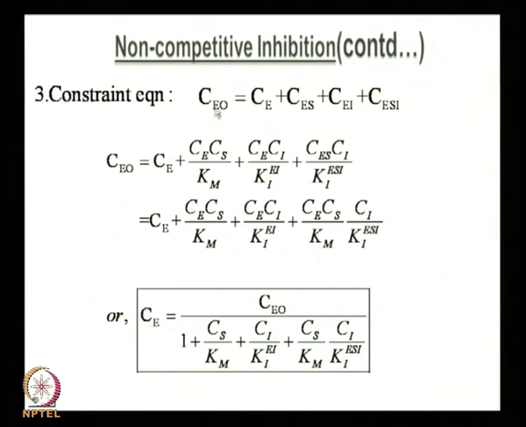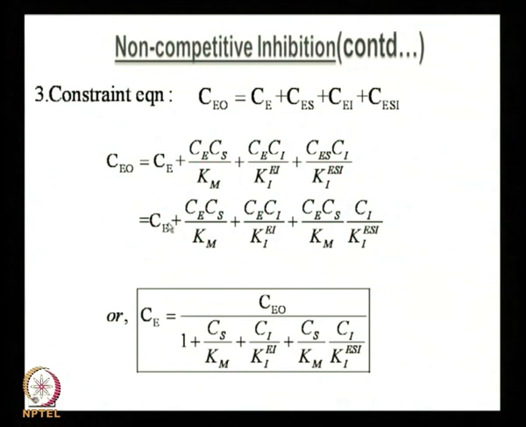So, CES can be substituted as CE times CS over Km. CEI could be substituted as CE times CI over KEI, and CESI could be substituted as CE times CS times CI over Km times KESI, right. So, now we have been able to express all of these complexes in terms of the basic elements.